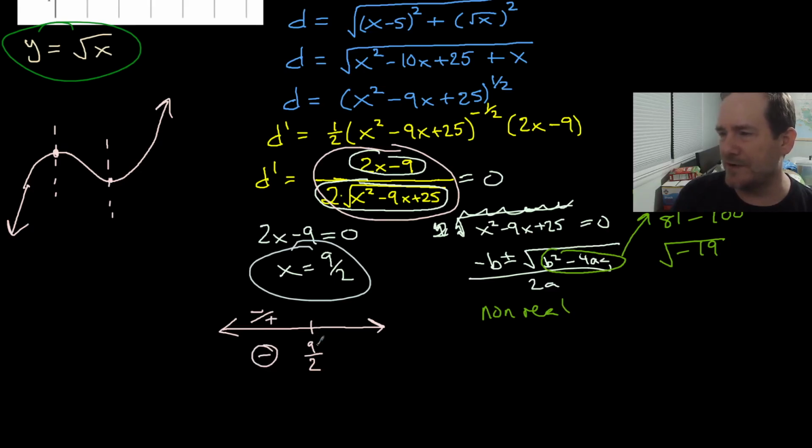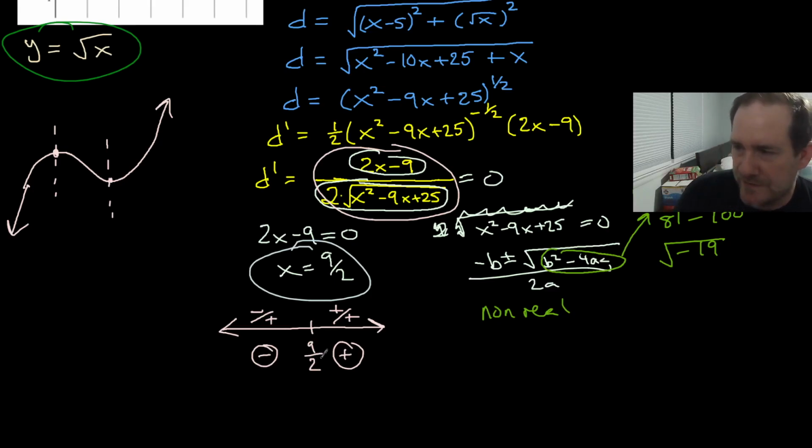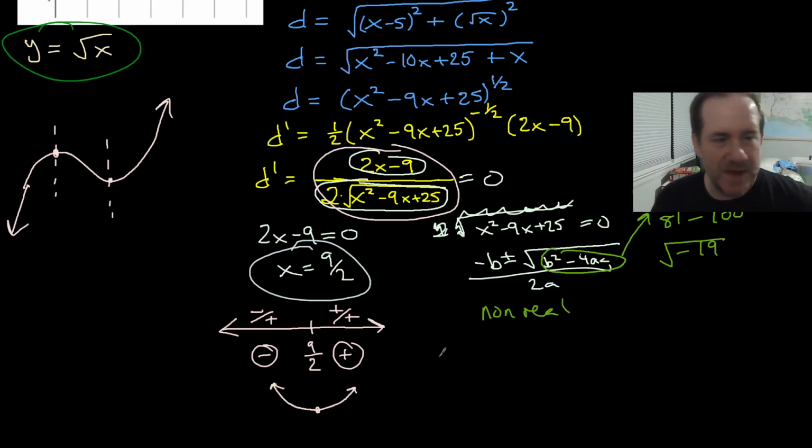Then if I'm greater than 9/2, the numerator will switch to positive. The denominator is just going to stay positive, and that makes us positive. So if you had to justify why 9/2 was a min, you've got your first derivative test to justify that we went from decreasing to increasing, and that's why the critical value that we found must be a min.